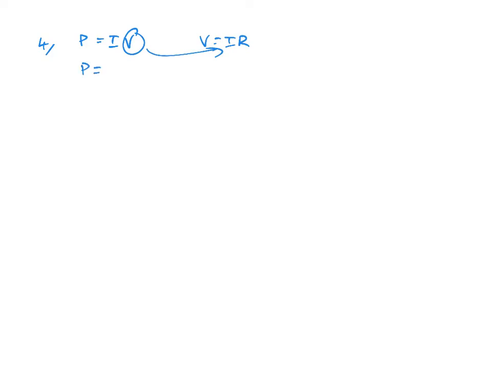So we can write P equals I, and where we had V, we can write IR. And usually we write I times I as I squared. So we end up with a further form of the power formula for circuits. So you're given all three forms, we'll do the third one in a wee second. But P equals I squared R is the second form that you need.